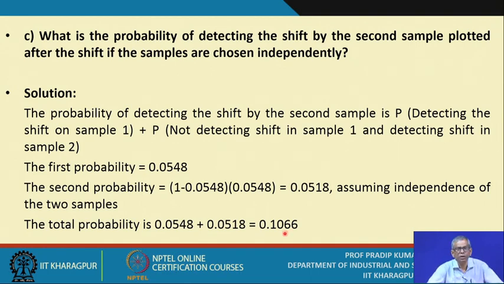Okay, so this is a typical problem we come across, and instead of the second sample, you may compute the probability that the shift is detected by the third sample or by the fourth sample, by the nth sample.